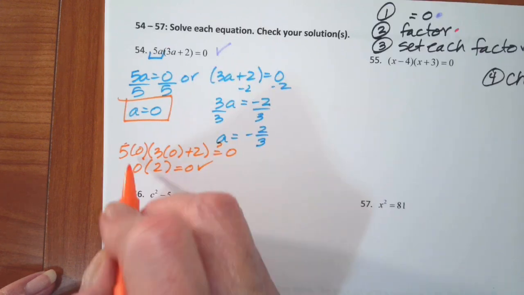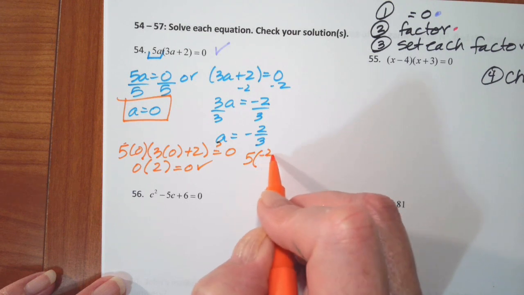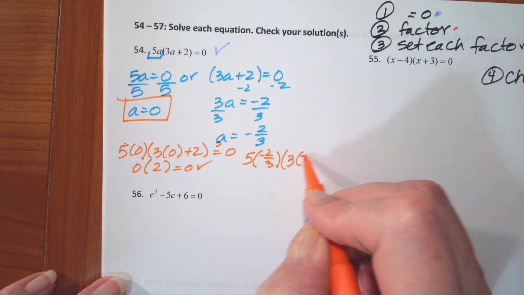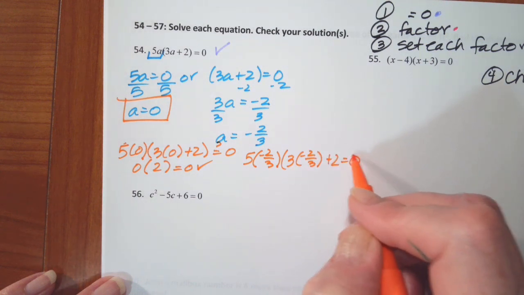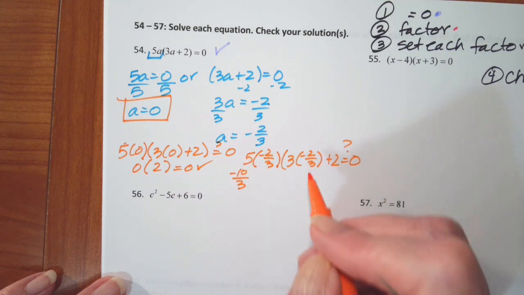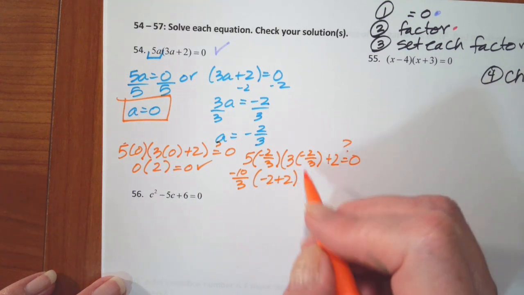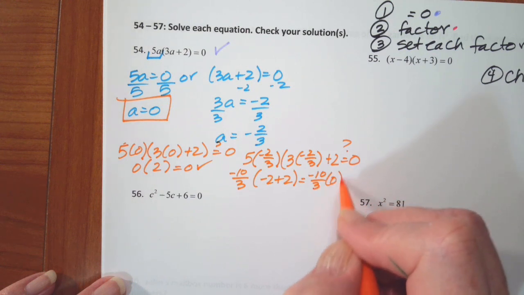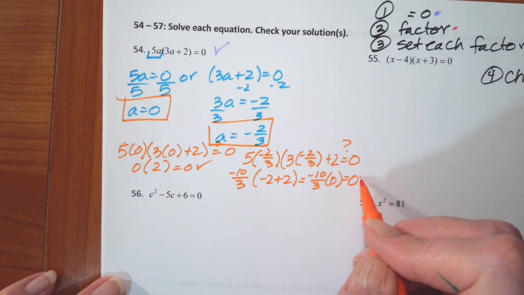Okay, so if I have 5 times negative 2/3 times 3 times negative 2/3 plus 2 equals 0. Well, that gives me negative 10/3 times negative 2 plus 2, which gives me negative 10/3 times 0, which equals 0. So this one also checks.